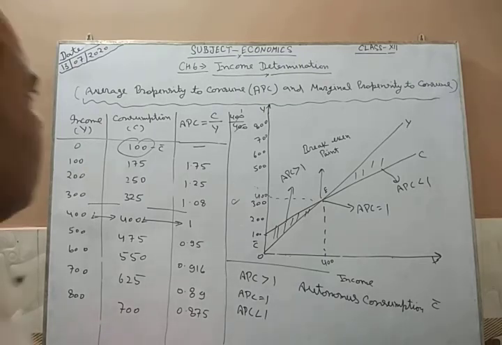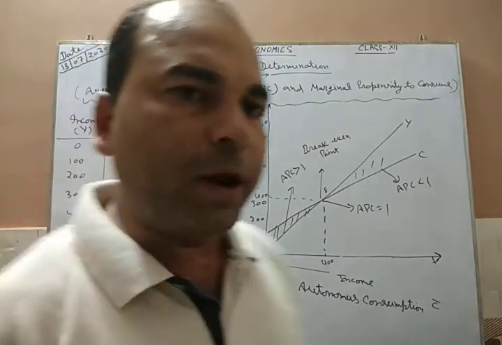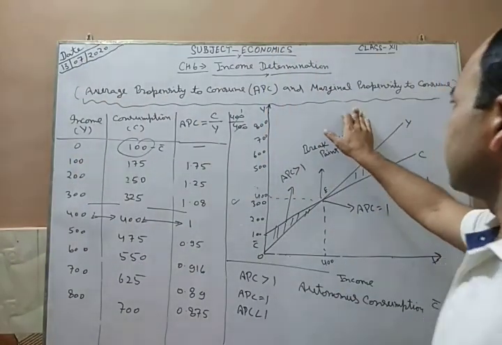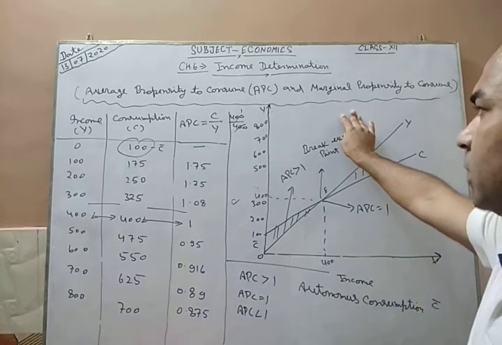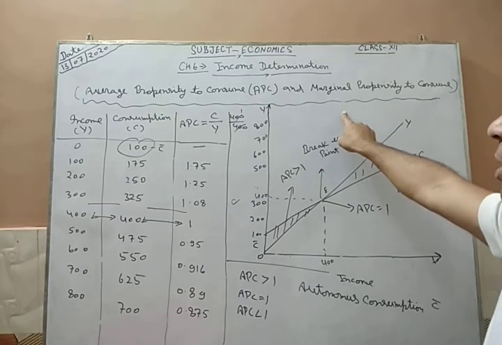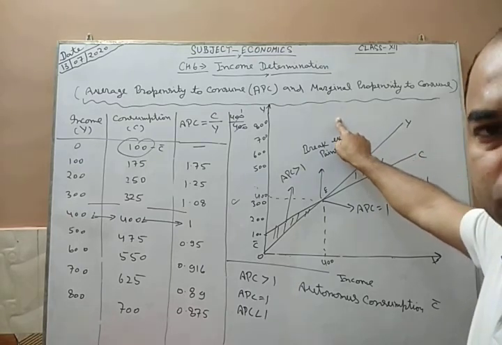So students, today I have discussed APC. Marginal propensity to consume I cannot explain now because there is a shortage of time, and this is also a very very important topic, and I will explain it in the next video. This is clear to students?